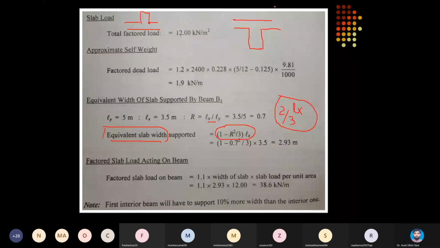In this problem, we are told that a roof slab has the beam projecting below the slab, and beams are cast monolithic with the slab, so it is a T-beam construction. In the given factored slab load, the load of the web of the beam projecting below the slab is not included.